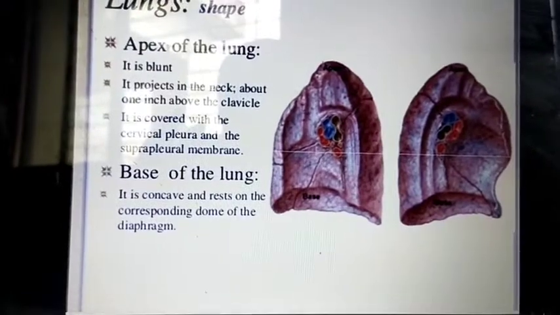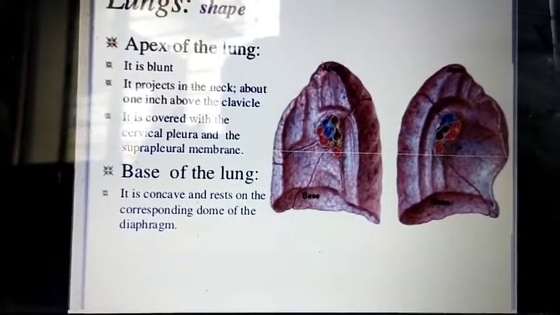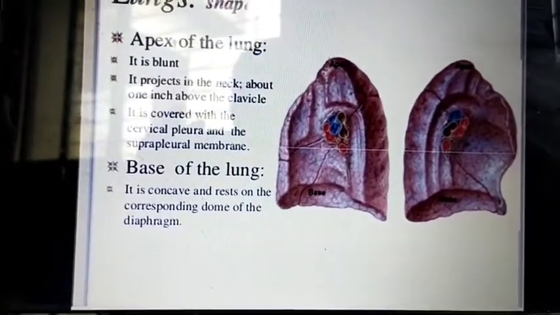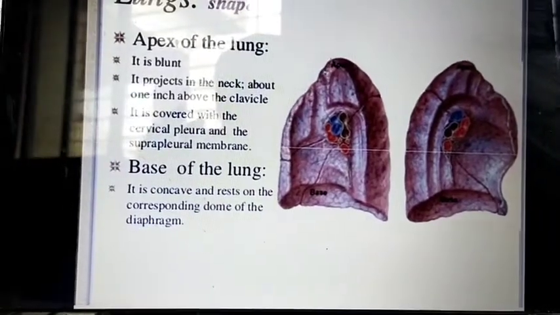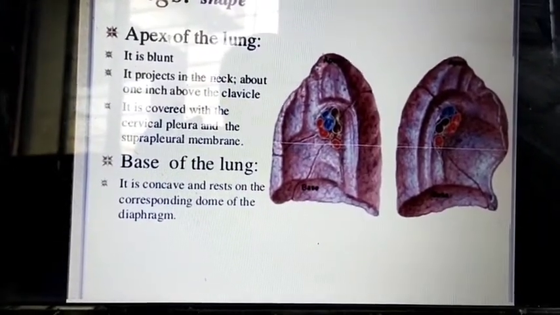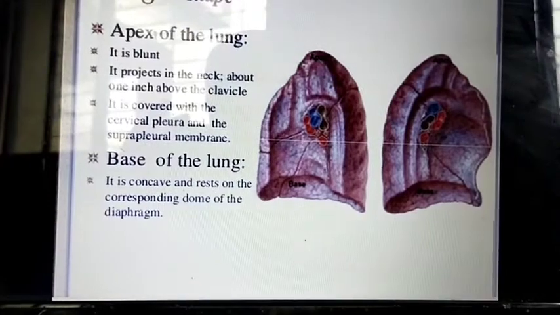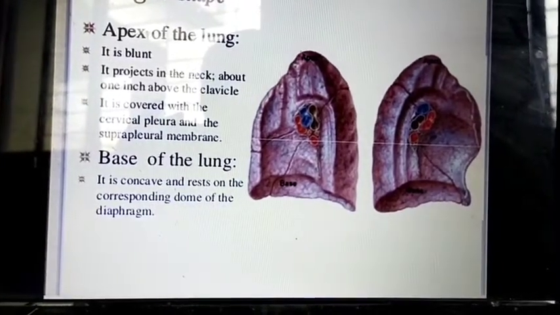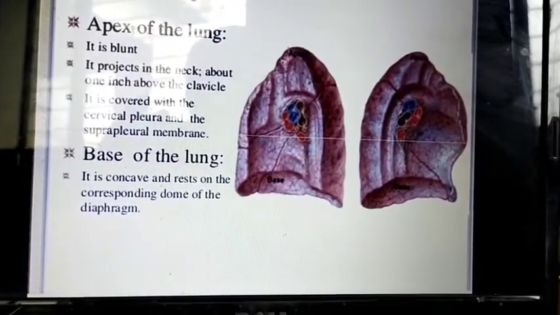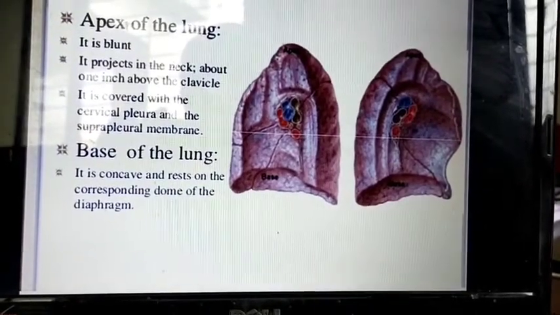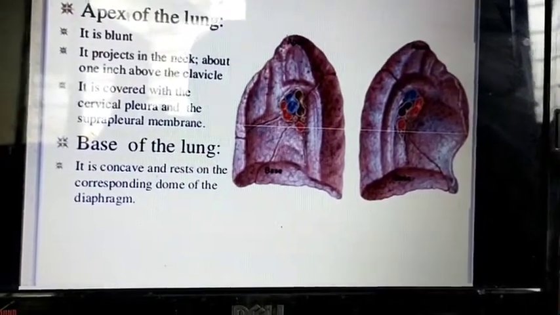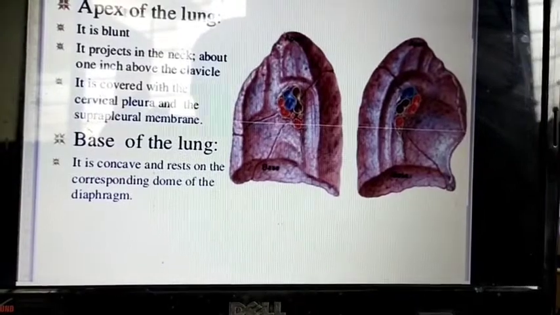The apex is blunt and present in the neck, about 1 inch above the clavicle, and it is covered with the cervical pleura and the suprapleural membrane. The base of the lung lies on the diaphragm.